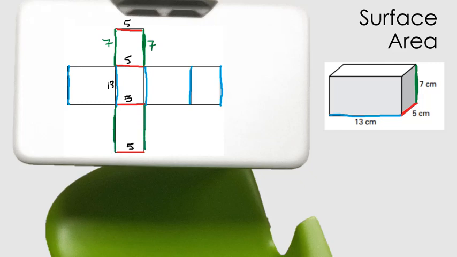And the reason I know that, opposite faces are congruent. So that makes that part 7. Now if we were to fold this back together and make this box here, this part is going to be that green edge, which makes it 7 centimeters. We'll call that 7.